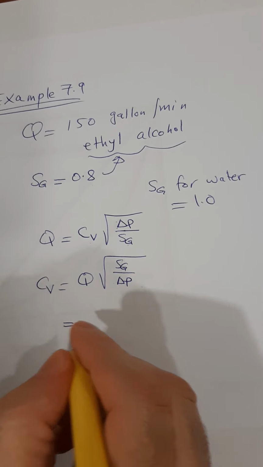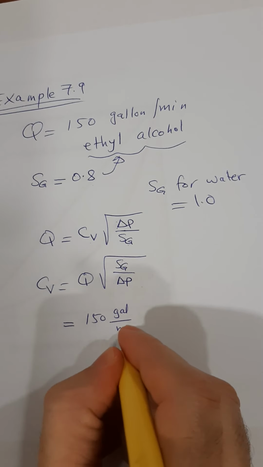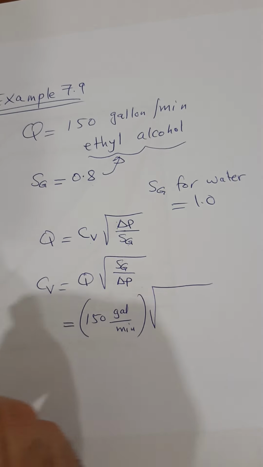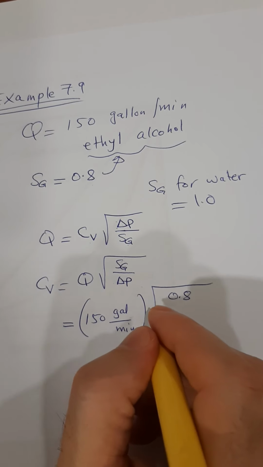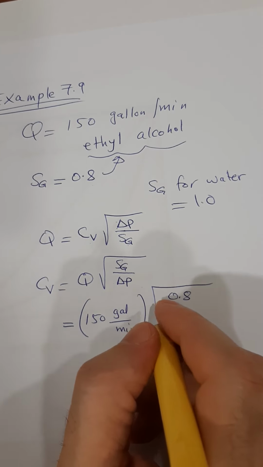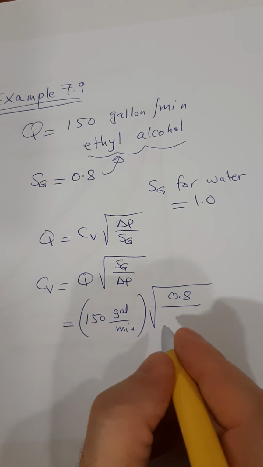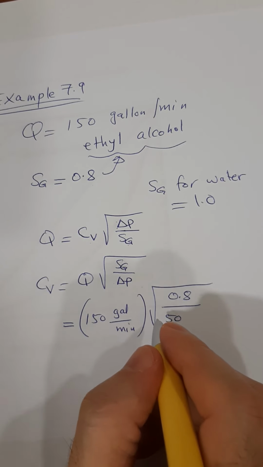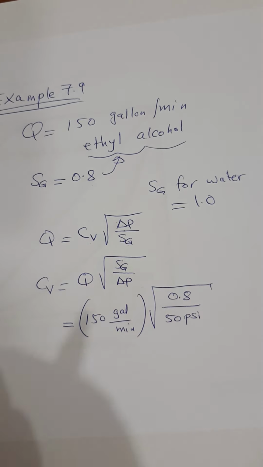Okay, so in this case, CV is equal to 150 gallons per minute times the square root of SG, which is 0.8, divided by the delta P, which is 50 psi.